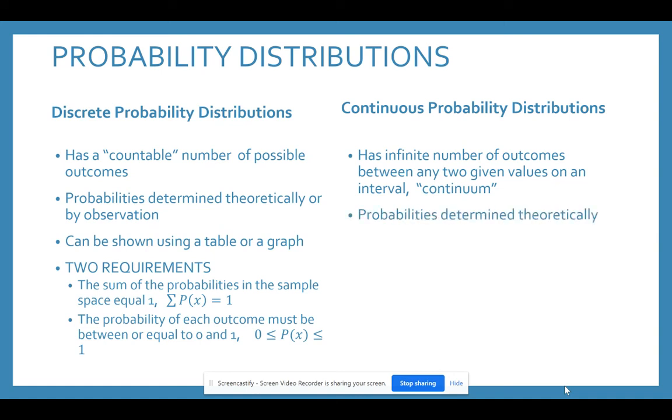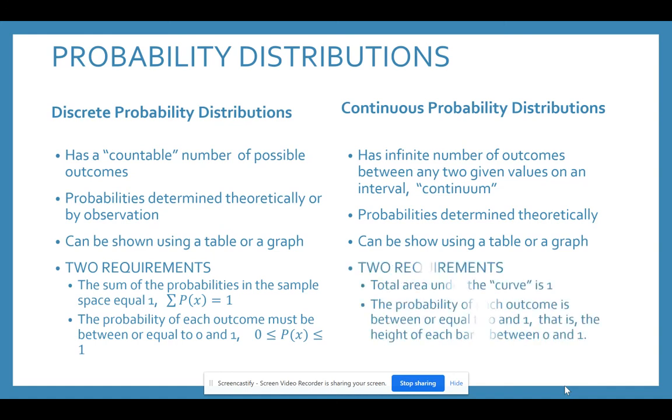For continuous probability distributions, typically those probabilities are determined theoretically, possibly even using a formula. Again, we can represent those in a table form or a graph. The 2 requirements are very similar, but the terminology changes slightly, because when we think about a continuous probability distribution, we relate it to the area under the curve or the graph of that particular distribution.